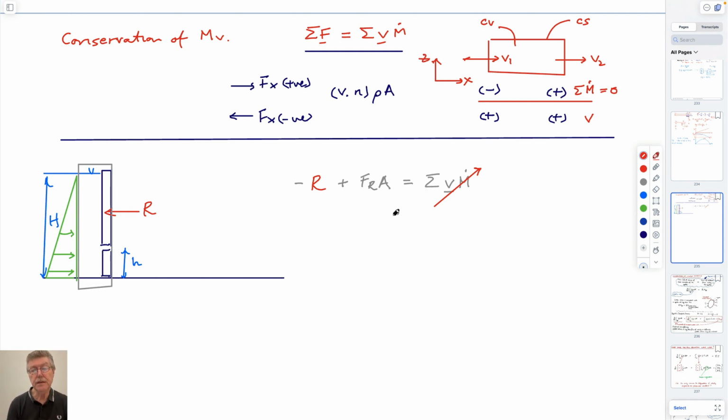And so this would be equal to what? Resultant force is unit weight times the area times the depth of the centroid, which is h over 2. This is hc.